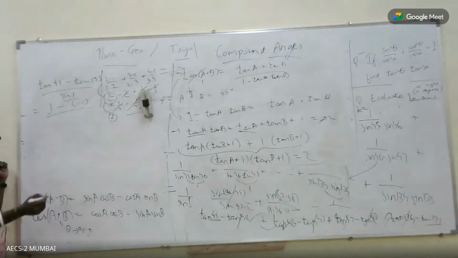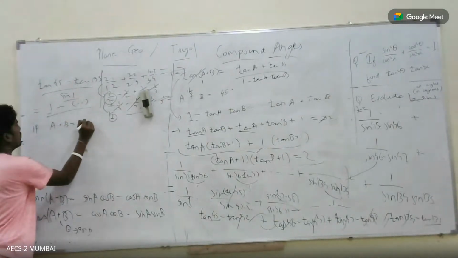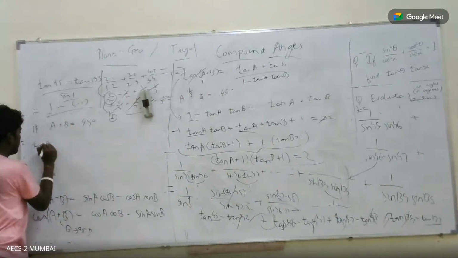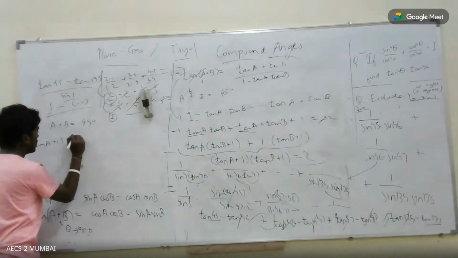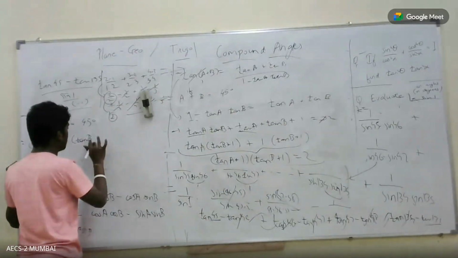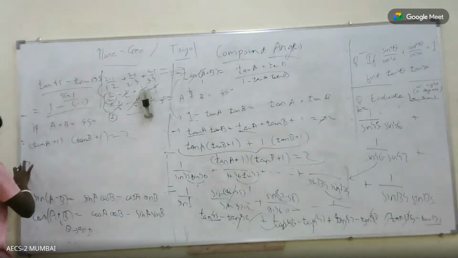So we get that if A plus B equal to 45 degrees, then tan A plus 1 into tan B plus 1 is equal to 2. Using this, can you solve this question for me now?